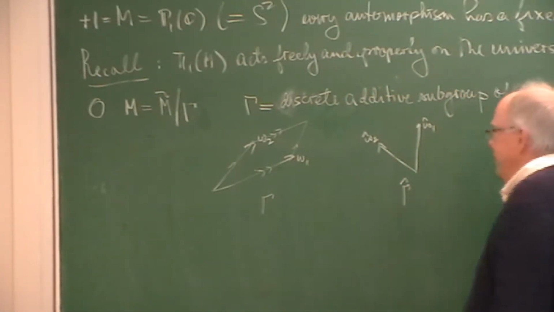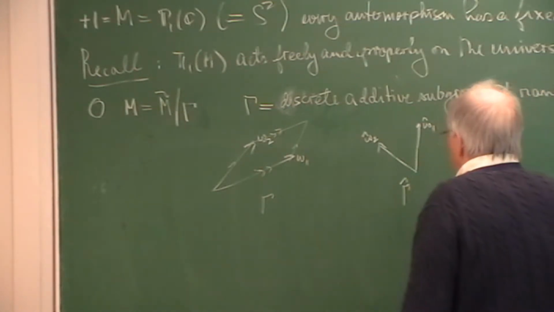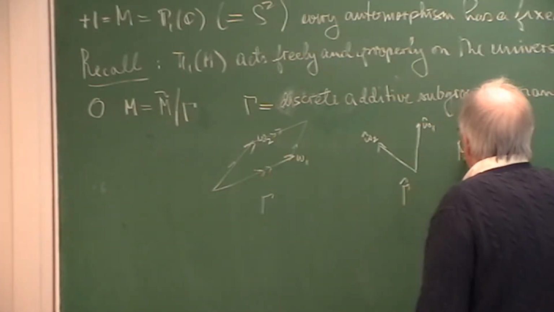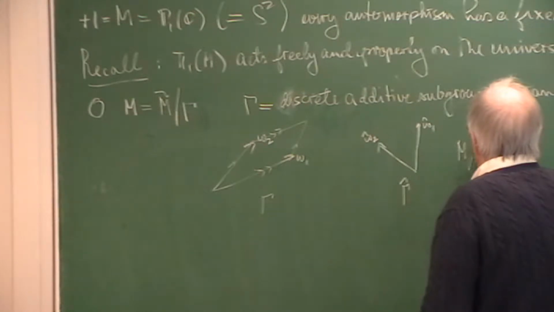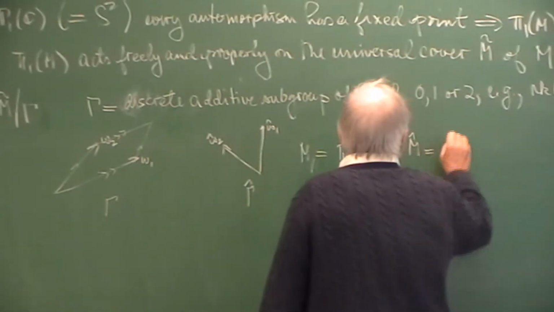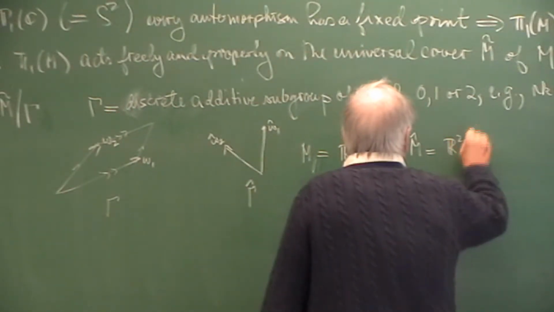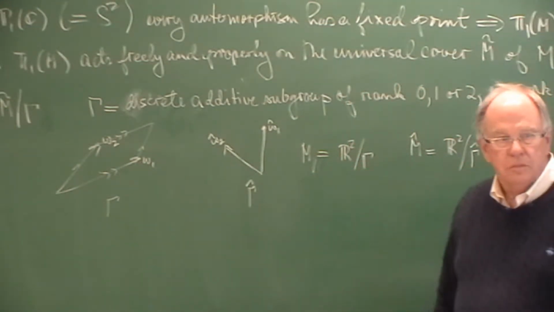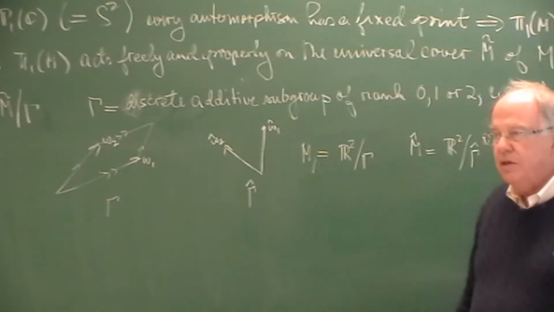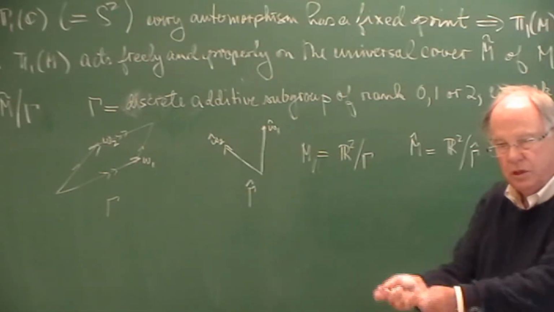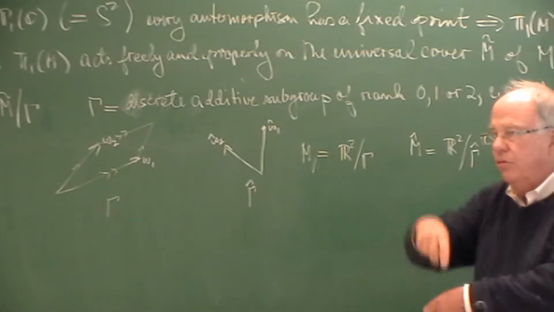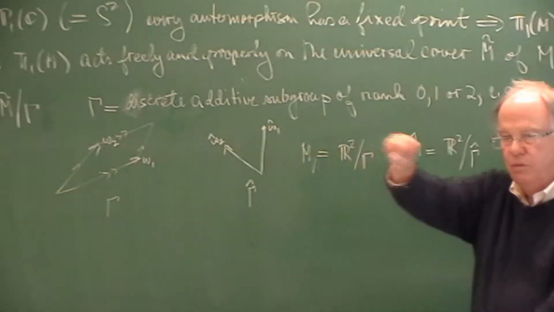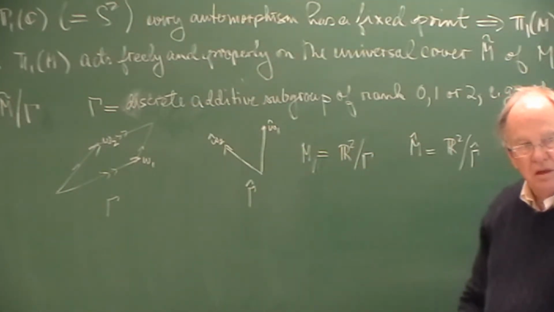So M is equal to M tilde, the plane modulo gamma, and M hat is equal to the plane modulo gamma hat. And you think they're the same, because when you were a child, you took that with scissors and you cut like that, and you first made a cylinder, and then you hooked these two things together, right?